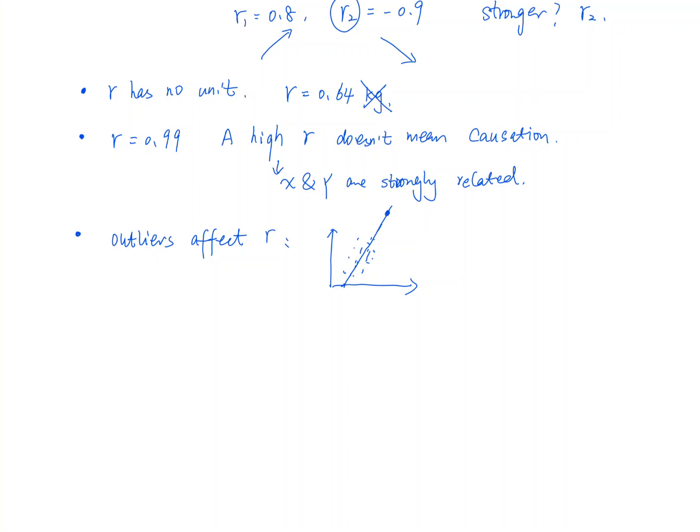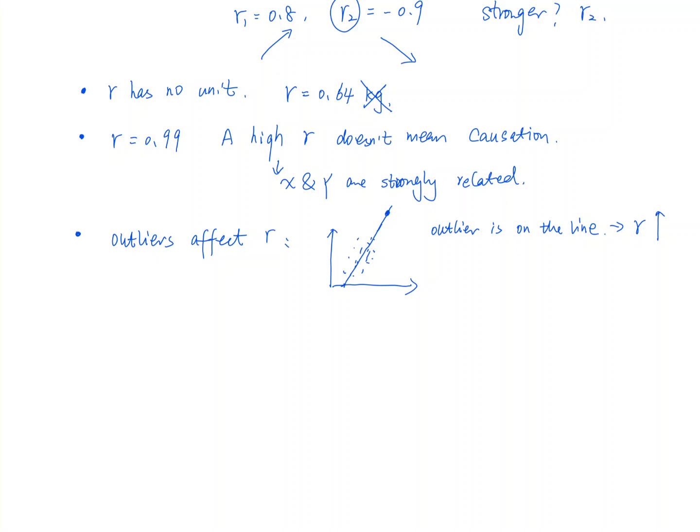This outlier is on the line. If the outlier is on the line, what about the correlation? Will it be stronger or weaker? The correlation will be stronger because it shows the direction of the original regression line, right?